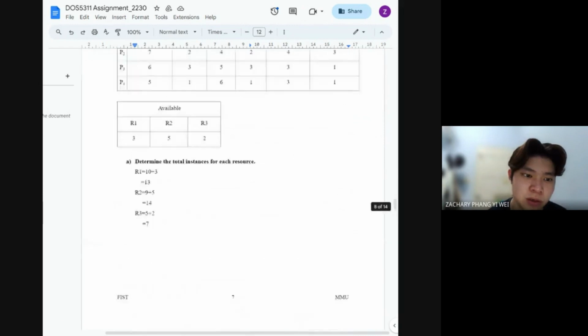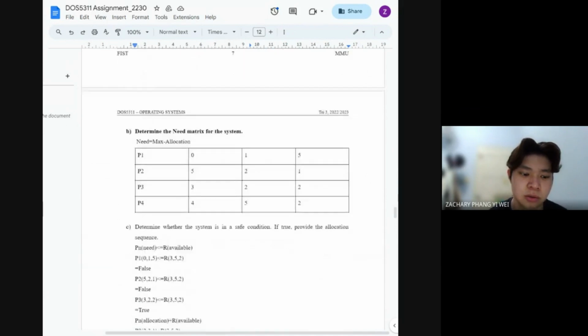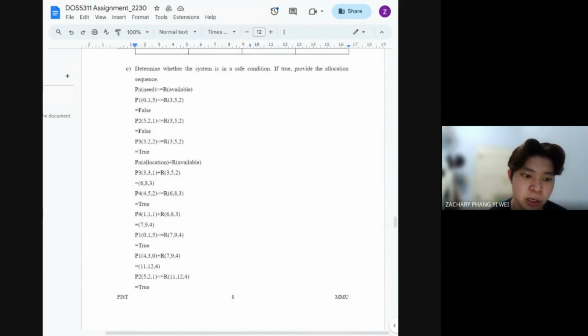So we go to this table. We went to P3 and see the allocation. It's 331. So we take the 331 and add it into the available, so it's going to be 683. Then you take this 683 as the available for the next one, which is P4.